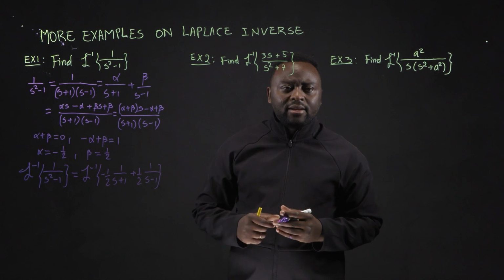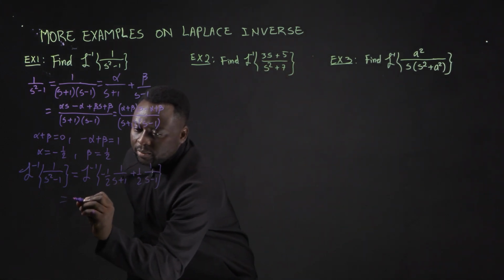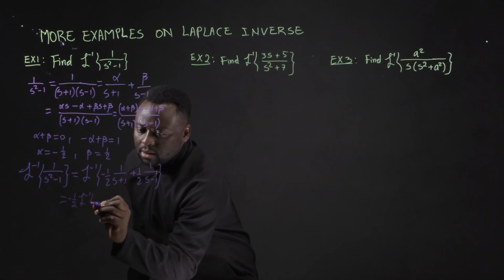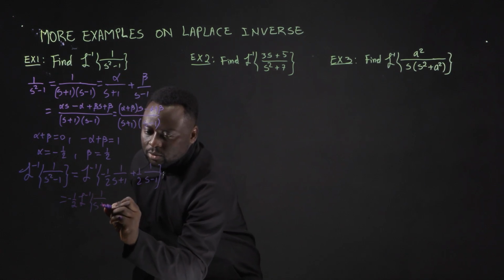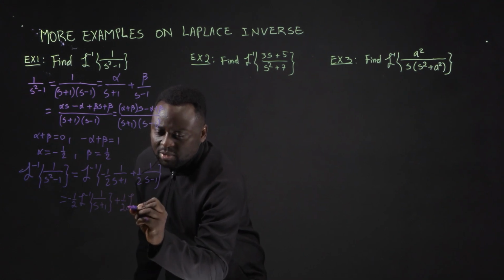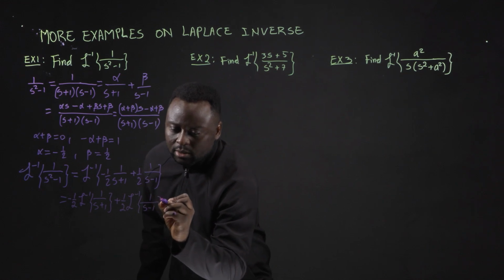We can apply the linearity property of the Laplace inverse, and we obtain minus half of the Laplace inverse of 1 over s plus 1, plus half of the Laplace inverse of 1 over s minus 1.